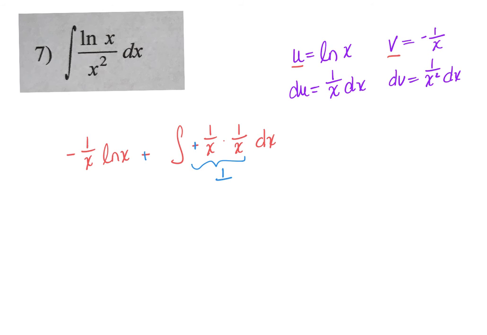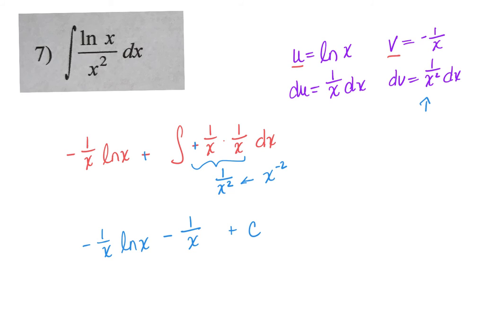And then it's going to be 1 over x squared. So I will have -1 over x ln of x. My antiderivative of this is of course x to the -2, so it's going to be -1 over x plus c.